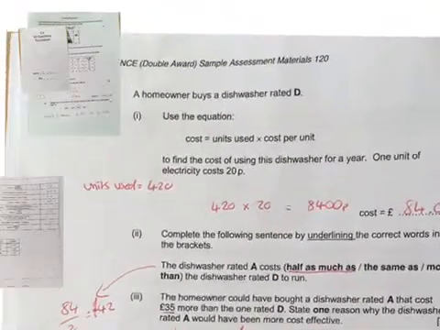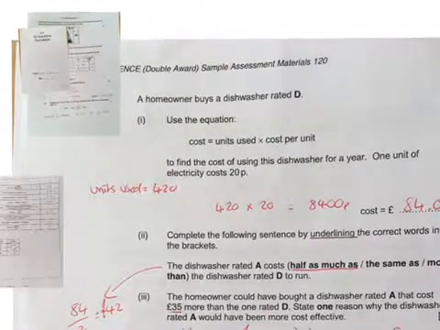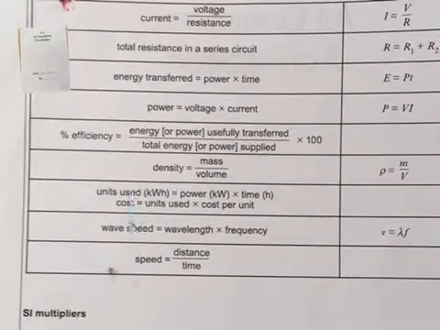Homeowner buys a dishwasher rated D. Use the equation cost equals units times cost per unit. Well, it's given the cost there per unit of 20 pence. Again, if we weren't given this equation, it's going to be this one here, okay? Because we've already got the units used. They've already calculated that for us. So there's two equations wrapped up in this one.